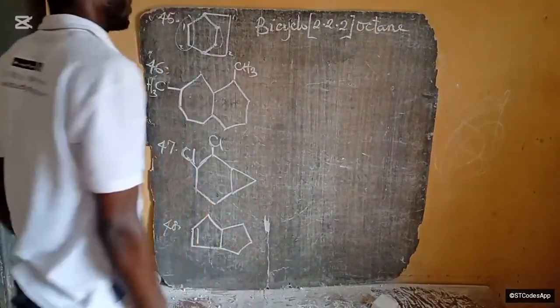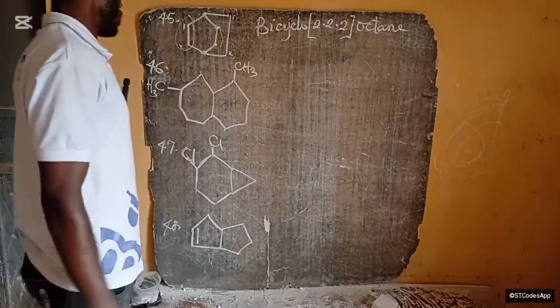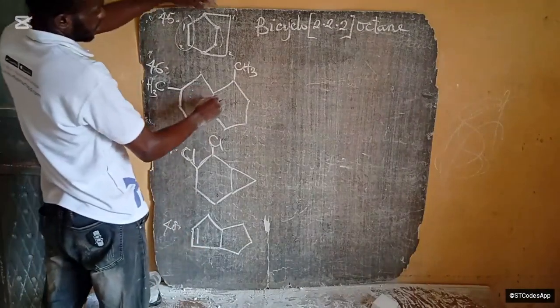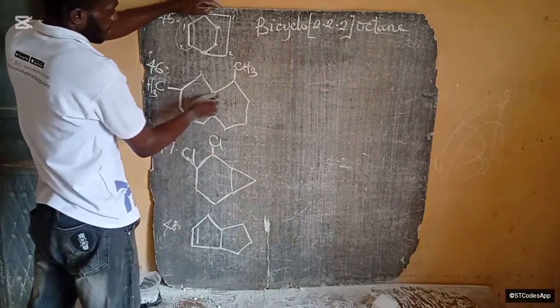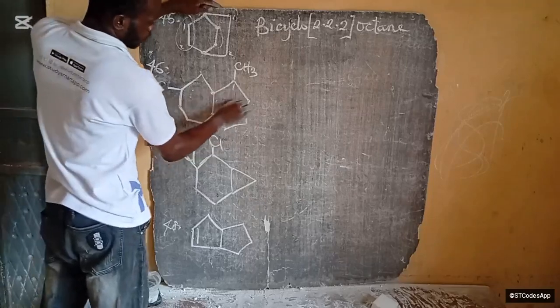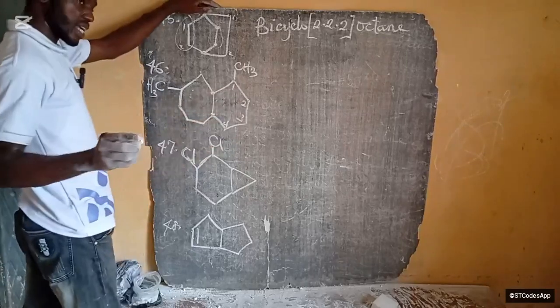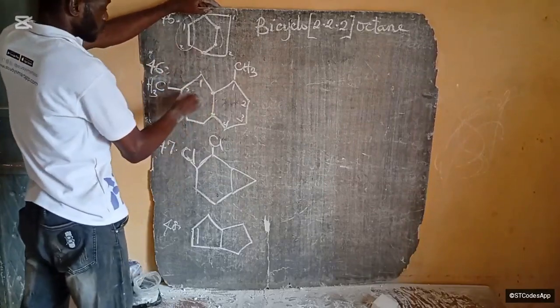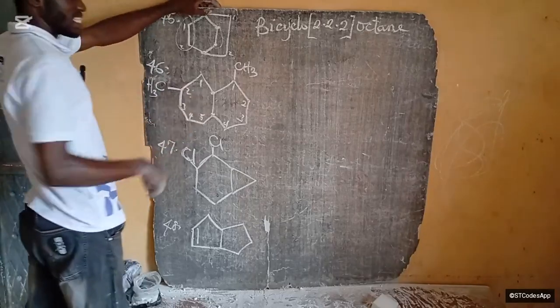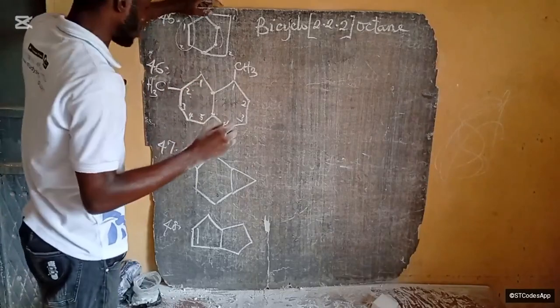Okay. Now for this one, we want to name, and we're going to start from this bridgehead carbon. We can't go here, do you know why? Because we have 1, 2, 3, 4 carbons here, but if we go here, we have 1, 2, 3, 4, 5 carbons. So we have to go in the direction of the one that has the highest number of carbons.